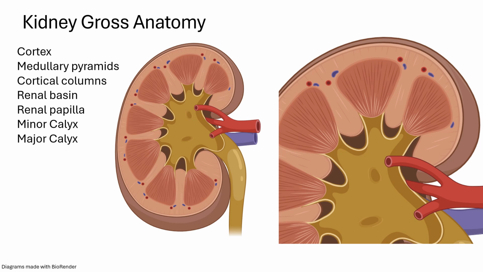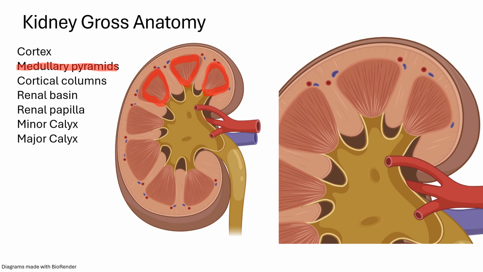We can divide the kidney into the cortex and the medulla. However, the medulla is actually all of these medullary pyramids, or these triangular shapes that you see here, which are really pyramids in a 3D structure. Most people have about 7 medullary pyramids, but it's not unusual to have more or even as few as 5 of them.